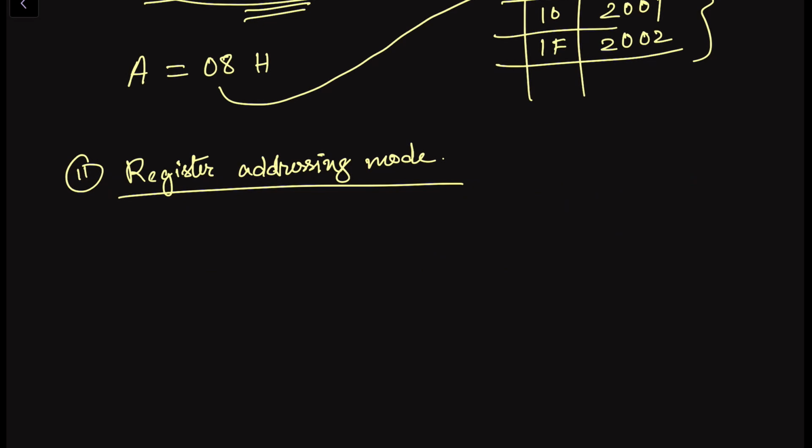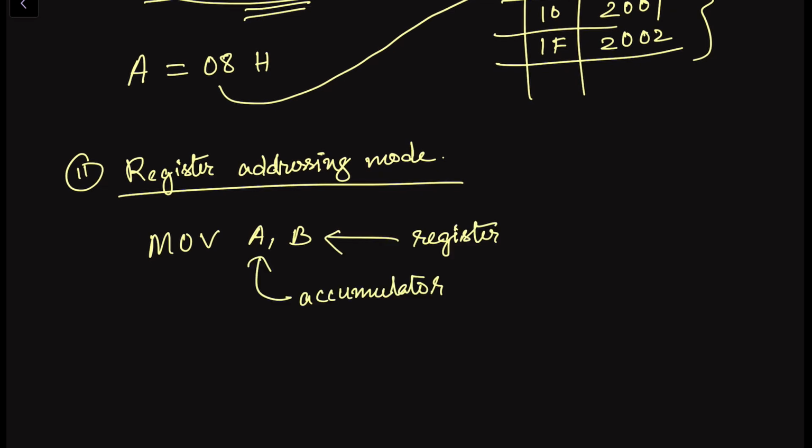In the case of register addressing mode, we have the register mentioned in the instruction. After going through that instruction, the register content will be operated on, or the register content will be the operand. Suppose we have one instruction, MOV A, B. Here A is the accumulator and B is the general purpose register. Whatever the content of the B register, that will be copied into the accumulator.